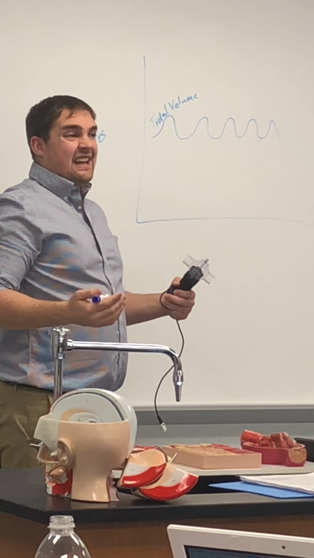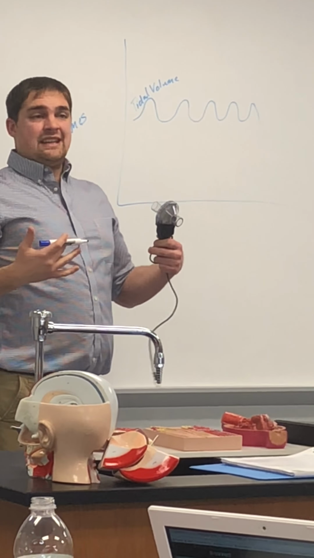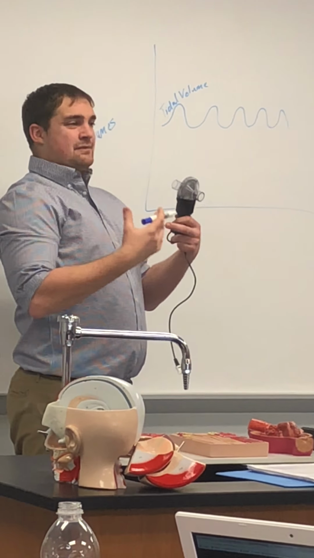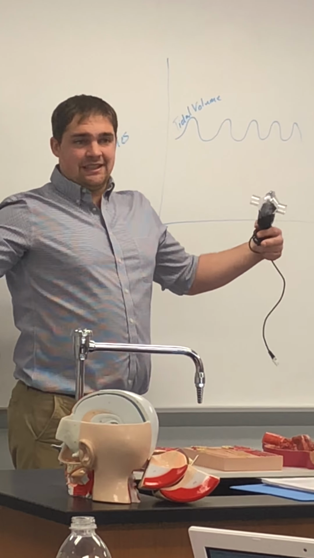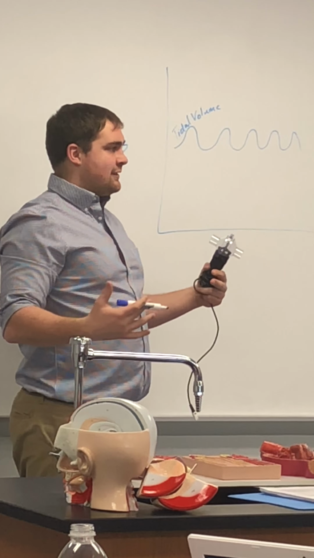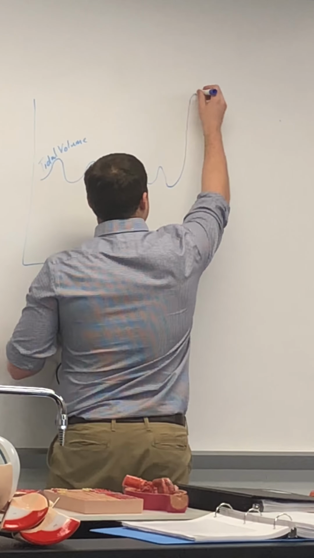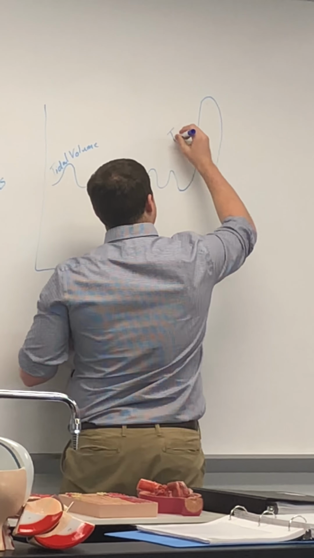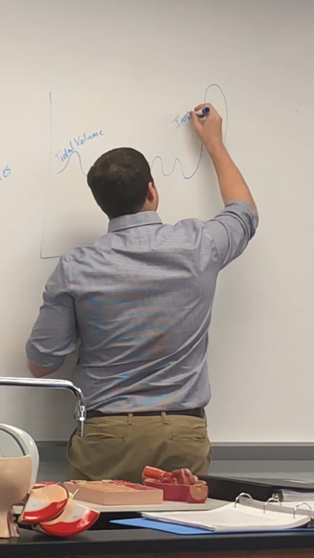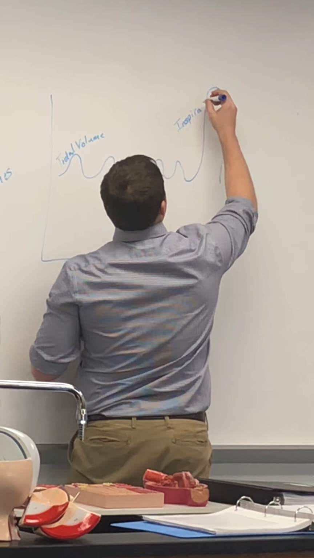If we were to take a maximal breath in, to breathe in as much air as we possibly can into our lungs or into our respiratory tract, we would call that our inspiratory reserve volume.